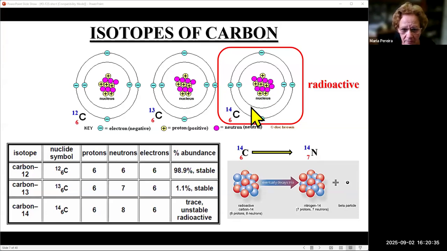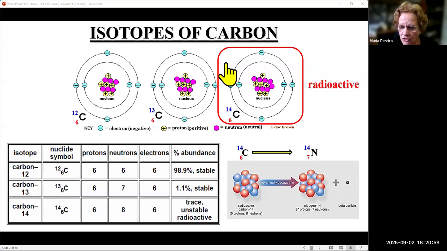And now carbon 14 has 8 neutrons. 1, 2, 3, 4, 5, 6, 7, 8. Yes, this is déjà vu. I agree with you. But it's good to remember this, and we're going to apply it to a diagnostic tool, such as PET scan.